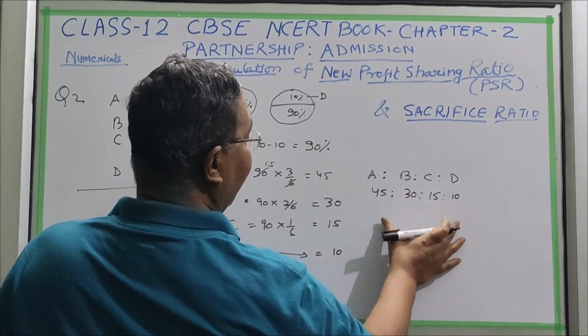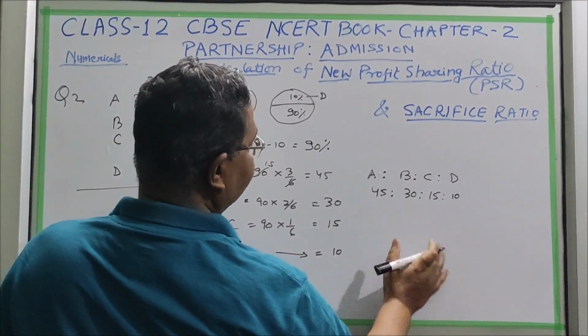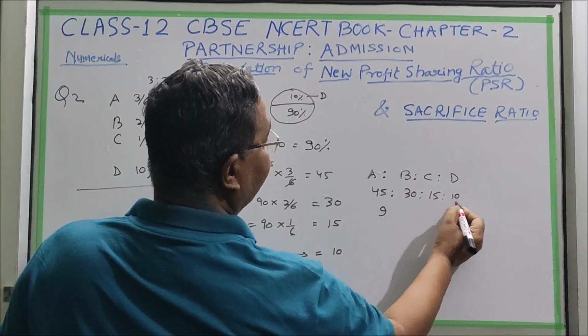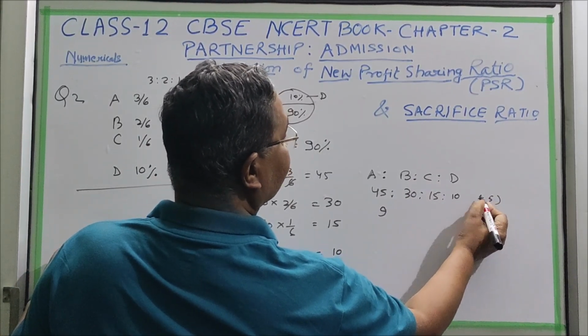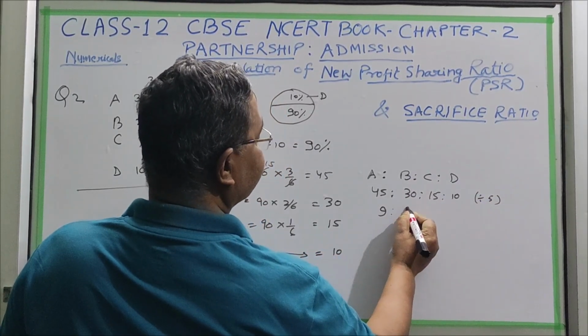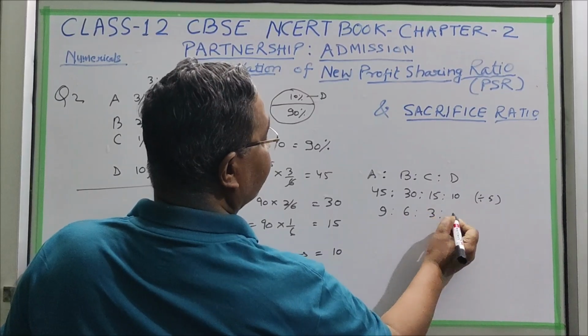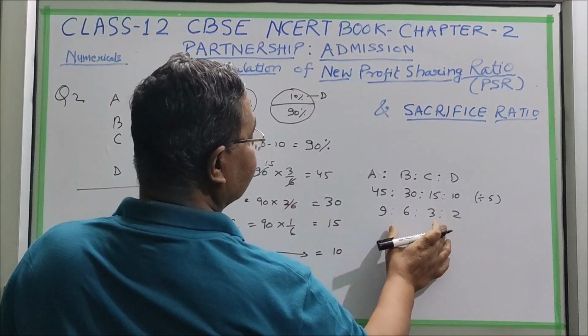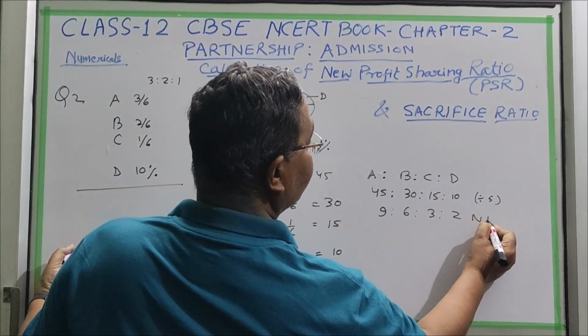You can reduce it as much as possible. So we divide by 5, and it becomes 9 is to 6 is to 3 is to 2. Further, a common factor is not there, so you cannot reduce. So this is their new ratio, new PSR.